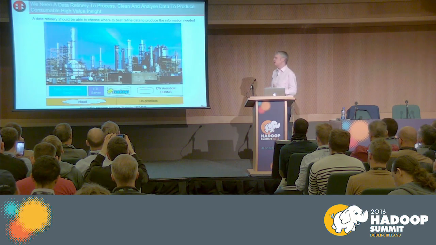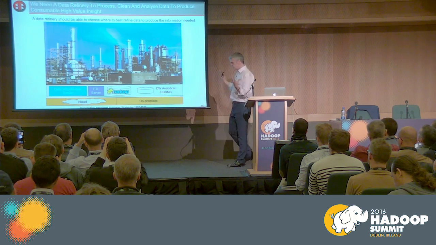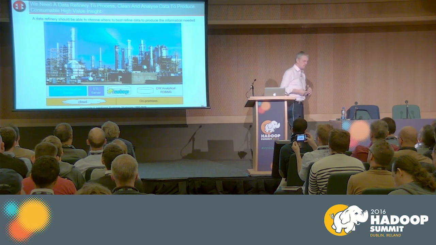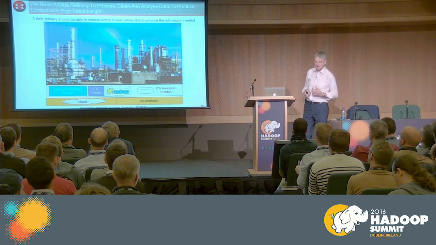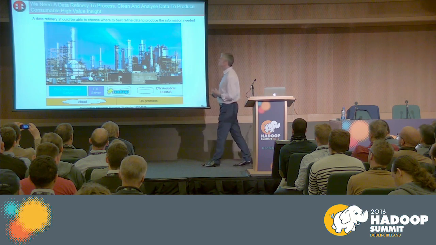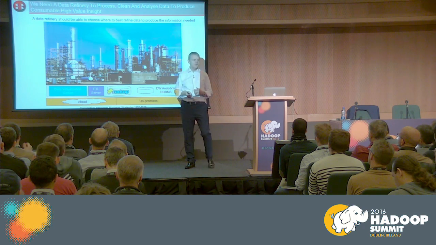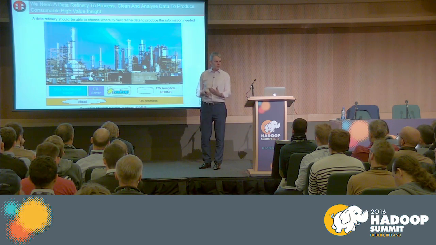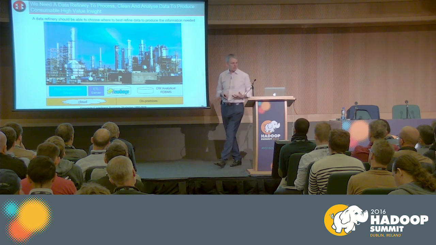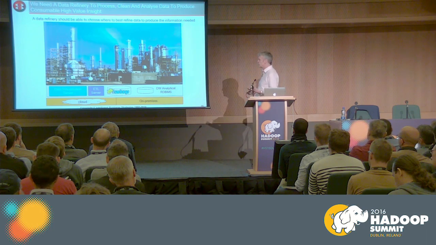So for me, the data refinery within this distributed data lake should really be taking complexity away. It should really be saying the software should be able to choose where it's best to refine the data, whether that's in Hadoop, whether it's in a data warehouse, whether it's on the cloud, or whether it's through data virtualization.